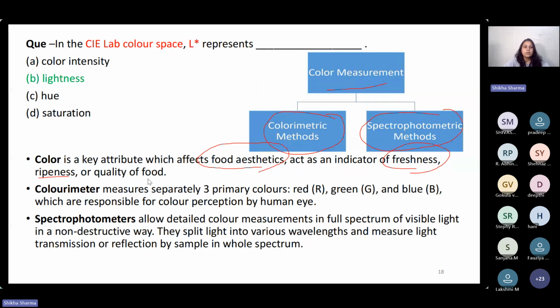Colorimetry uses three primary colors, red, green, and blue, which are responsible for color perception by human eyes. But spectrophotometer analysis measures the color in the full spectrum of visible light.